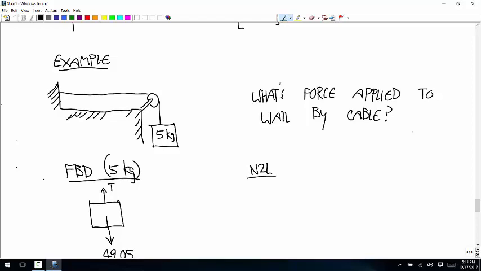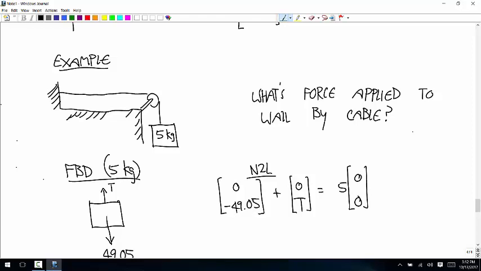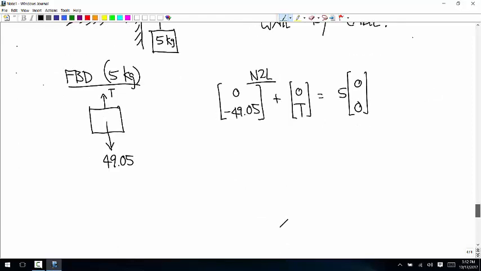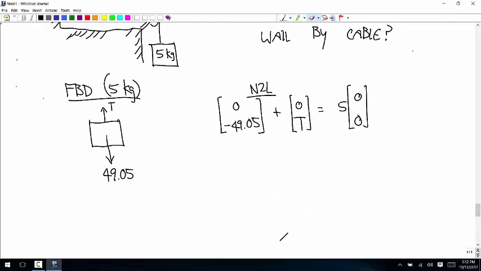And then Newton's second law says 0, negative 49.05 plus 0, T is equal to 5 times, this thing's just hanging there, no acceleration, so the acceleration vector is 0, 0. So the x equation says 0 equals 0.